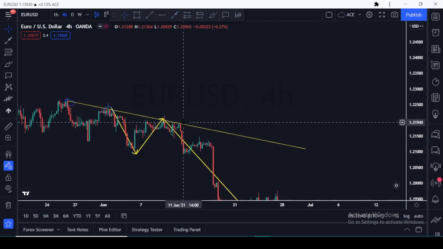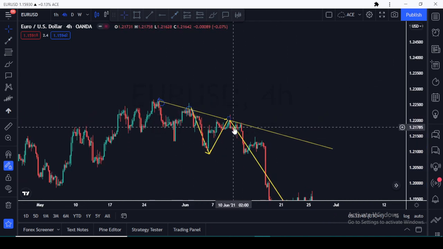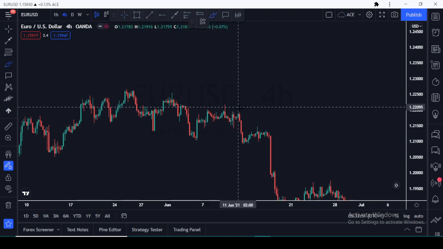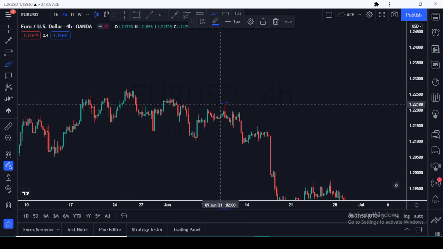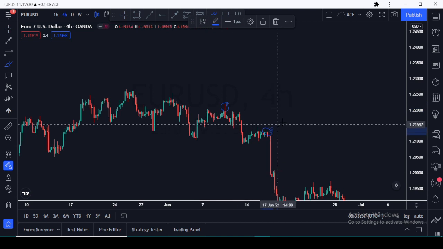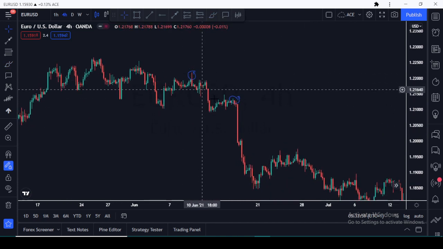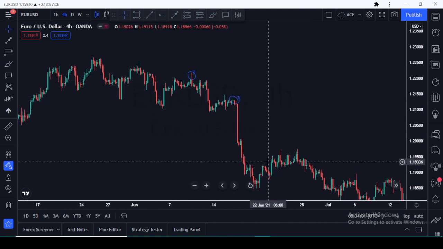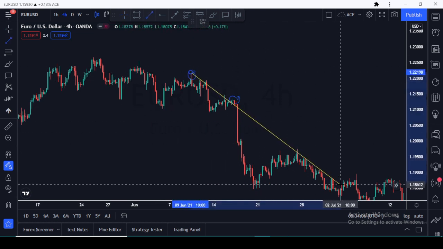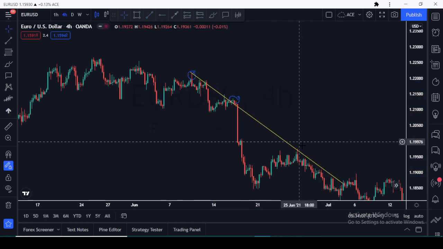Do you see how it is? Even if we forget about this point here and simply connect this high and this one together, because you see impulse, retracement, impulse, and retracement, we can connect these places together to also get here.